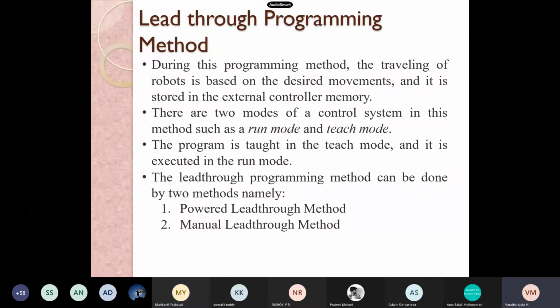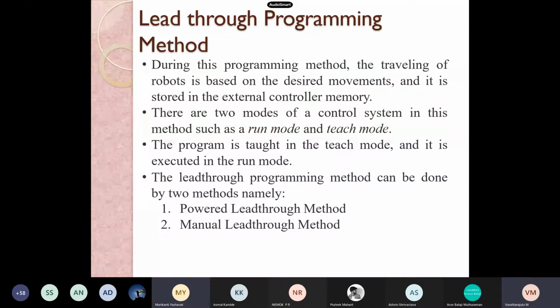The lead through programming method requires the programmer to move the manipulator through the desired motion path, and the path is committed to memory by the robot controller. The lead through method is sometimes referred to as the teach by showing method.